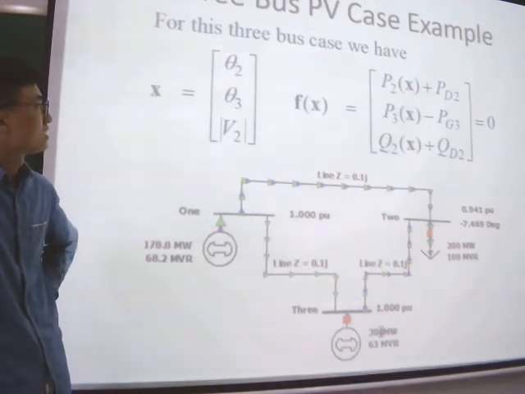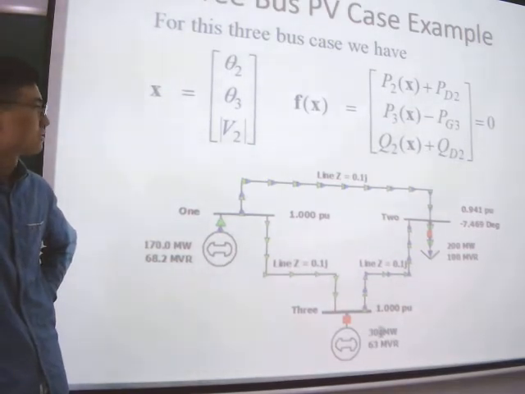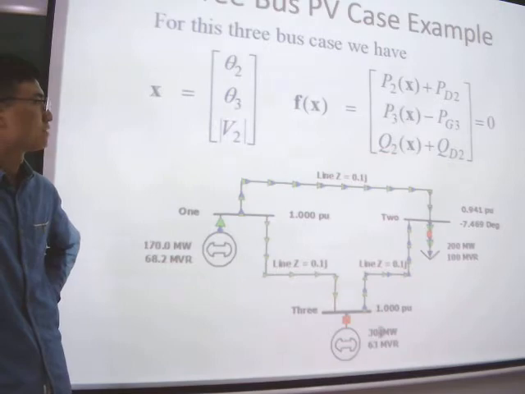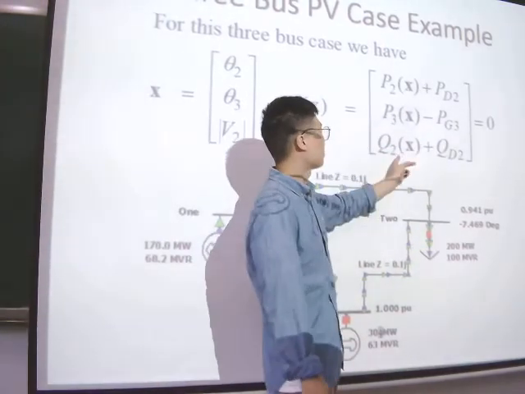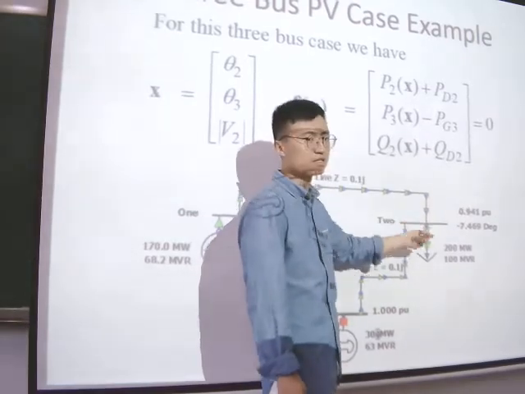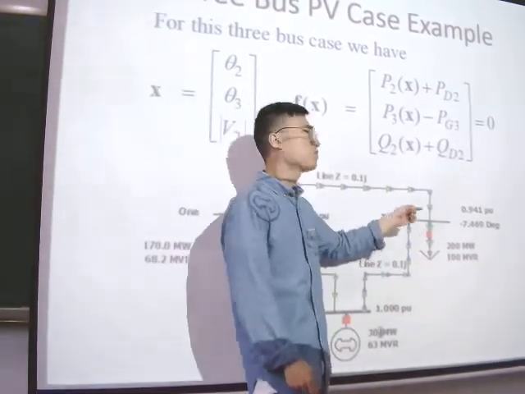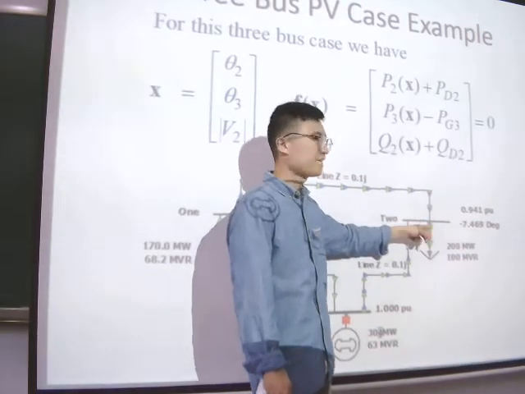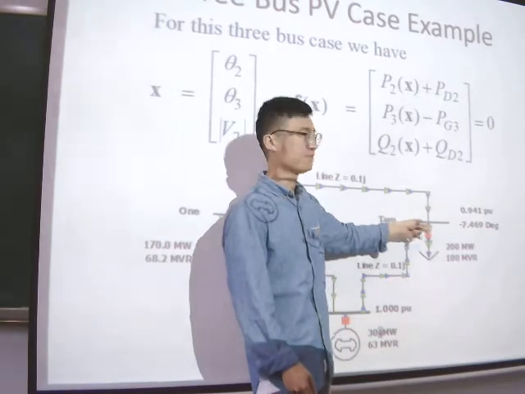Here is the function value, this is the equation, the same P2 here. P2 and Q2 both belong to the node, so what we need to solve is the reactive power of bus 2 and the voltage angle of bus 2, right?